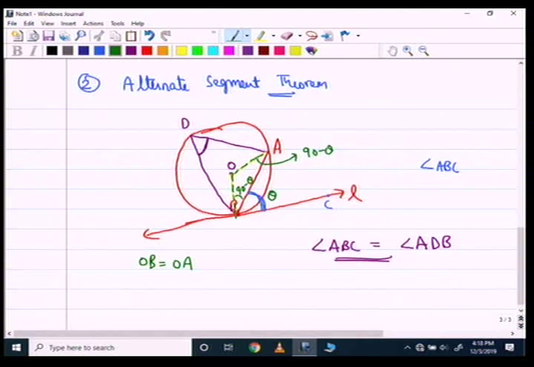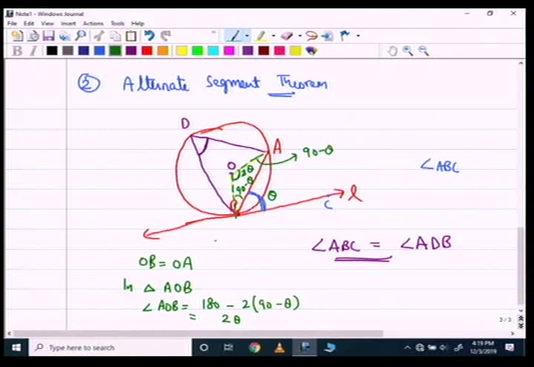So if both angles are 90 minus theta, in triangle AOB, angle AOB will be 180 minus 2 times of 90 minus theta, and when we simplify this one, this will become 2 theta. So this central angle of the circle will be 2 theta.